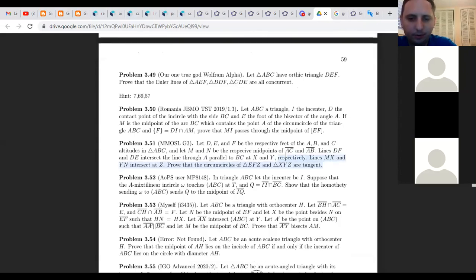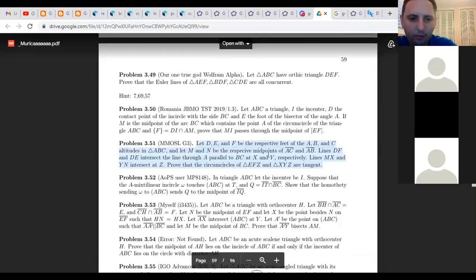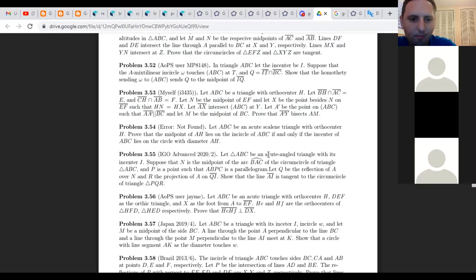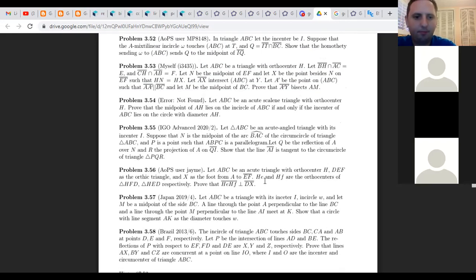Let's see, what about this one? I kind of like this one. MMO shortlist. So let's think about that. DF and DE. Oh, I think this one might be too easy, actually. What about this one?